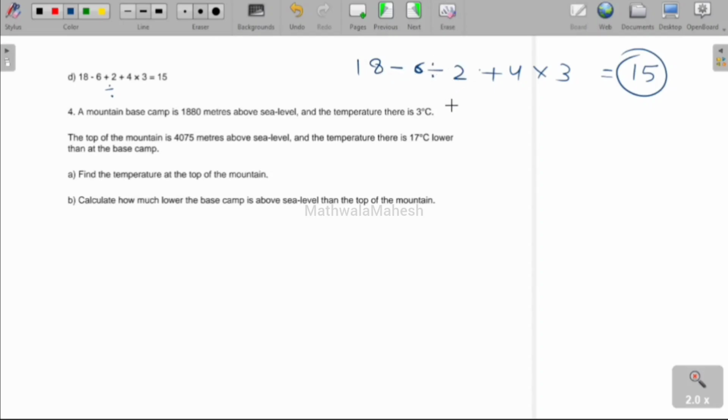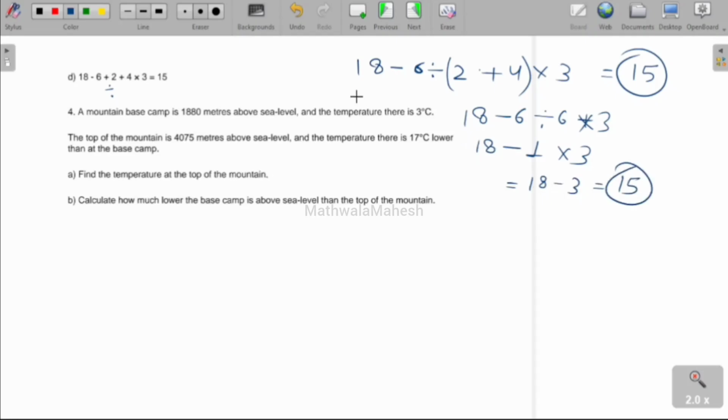Now if we provide a bracket 2 plus 4, which is 6, then 18 minus 6 divided by 6, and this one is multiply 3. 6 divided by 6 is 1 into 3, and 18 minus 3 is 15.